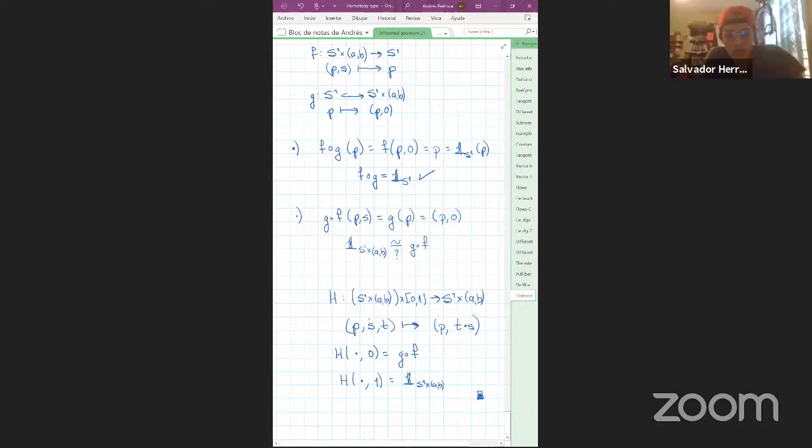This proposition about having the same homotopy type implies the same cohomology.